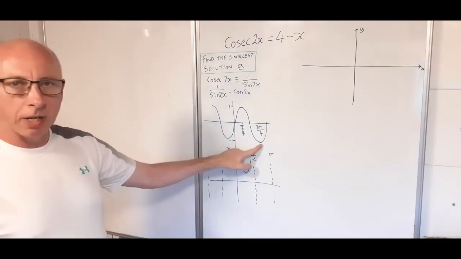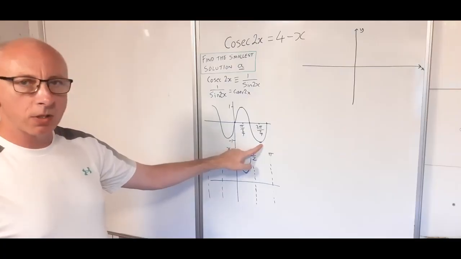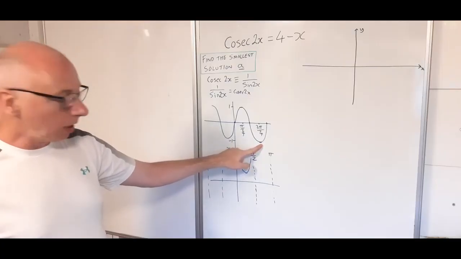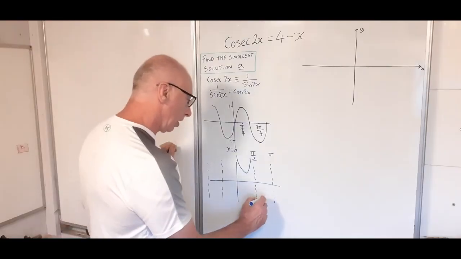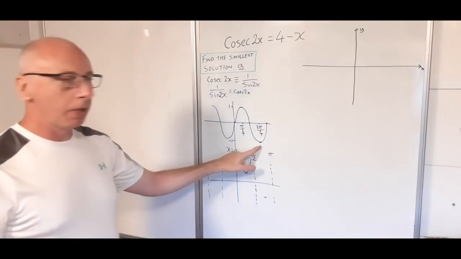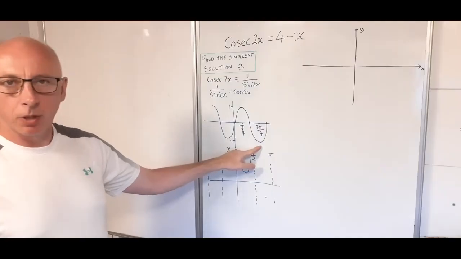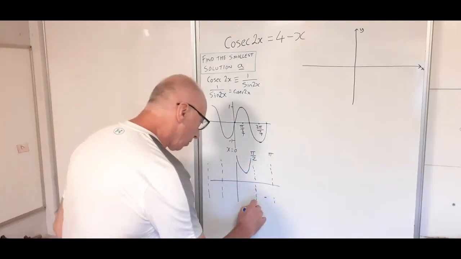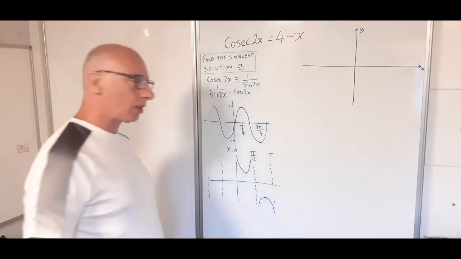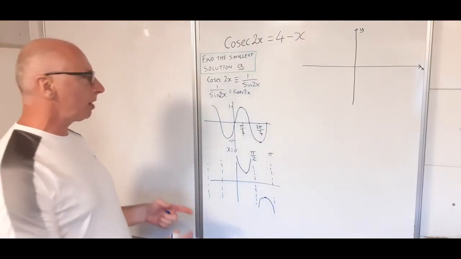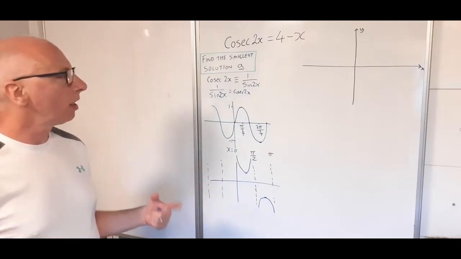And here I've got a local minimum. The reciprocal of minus 1 is still 1 over minus 1, which is minus 1. So that's going to be here. But instead of becoming a minimum, this is now going to become a local maximum. So this graph is now going to follow this trajectory, and so on. So that's my cosec of 2x drawn on there.